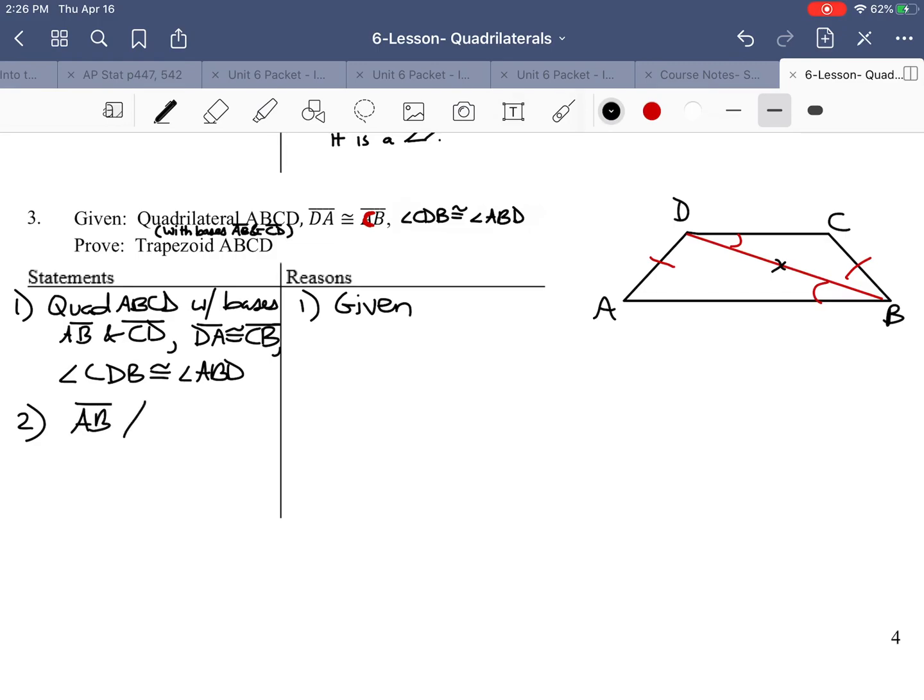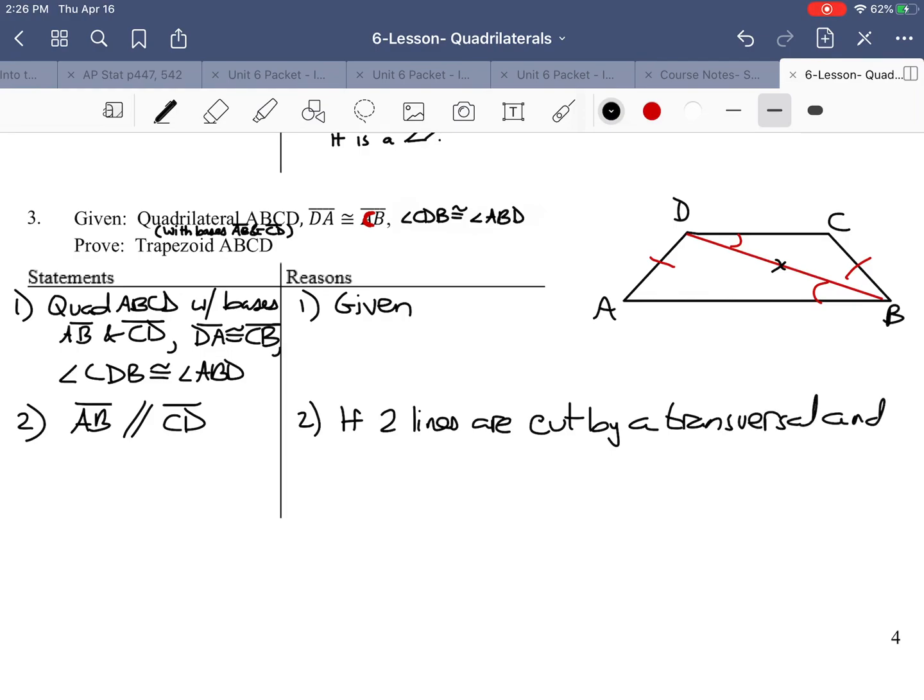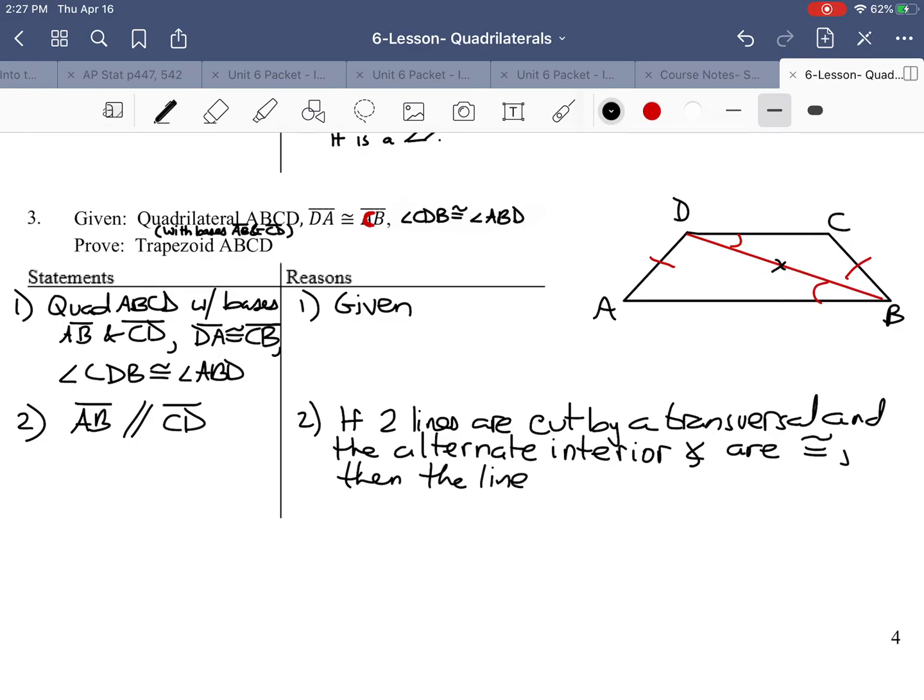AB is parallel to CD if two lines are cut by a transversal and the alternate interior angles are congruent, then the lines are parallel.